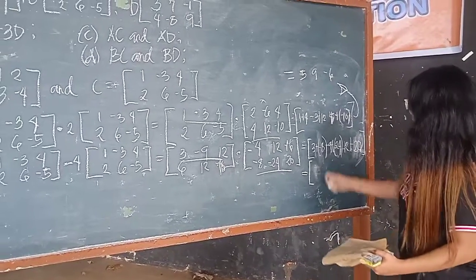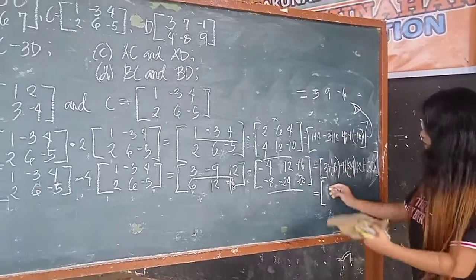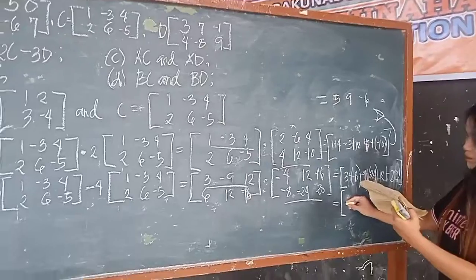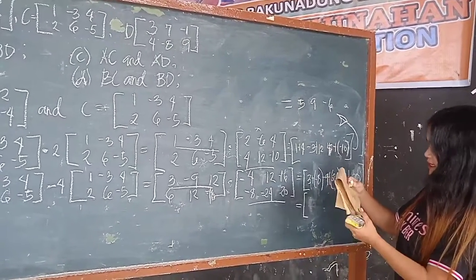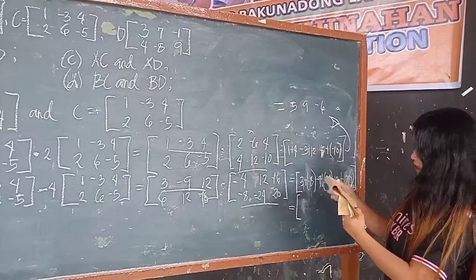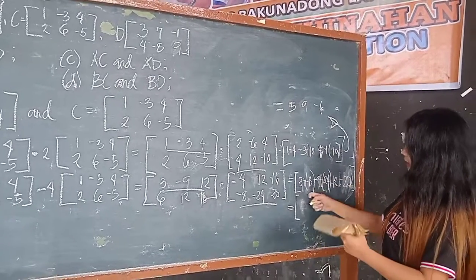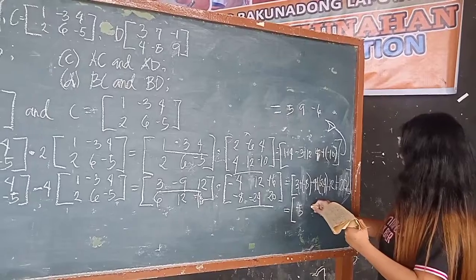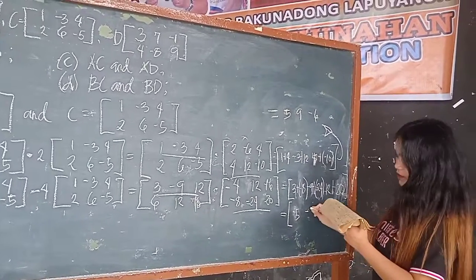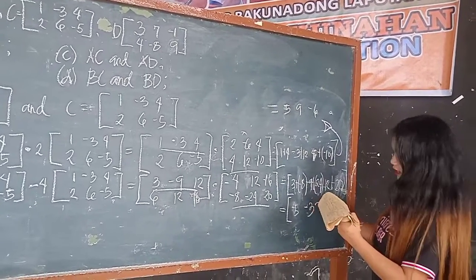So therefore, 3 plus negative 8 equals negative 5. Then negative 9 plus negative 24 equals negative 33.